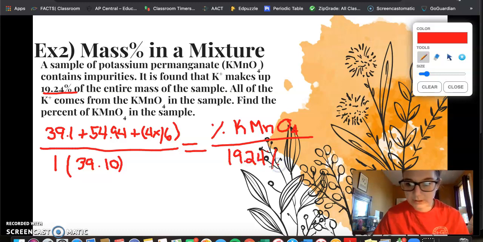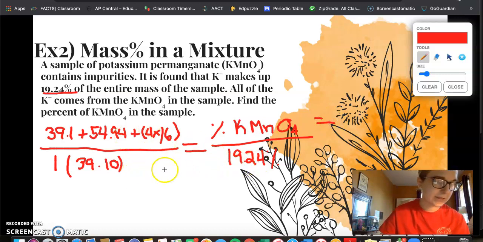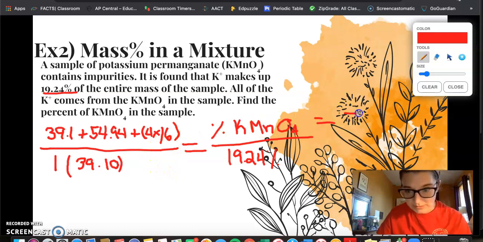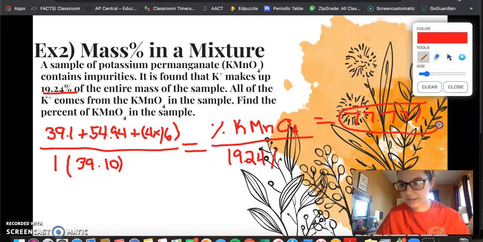That has to do with the law of definite proportions and the fact that the ratio of ions per formula unit is going to be the same as the ratio of the percent for the formula as well. Since we're solving for this here, we can cross multiply and solve for the percent KMnO4. That's this times this divided by this, and you should get the same answer, 77.77%.